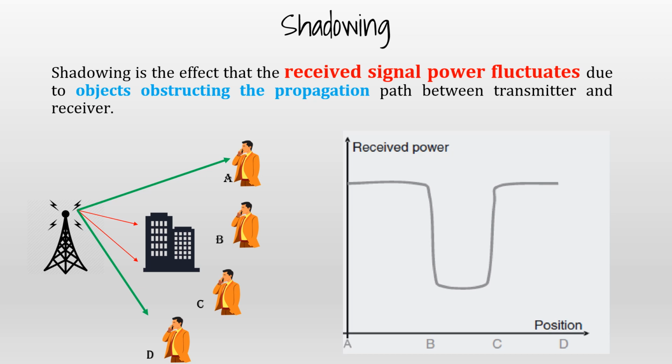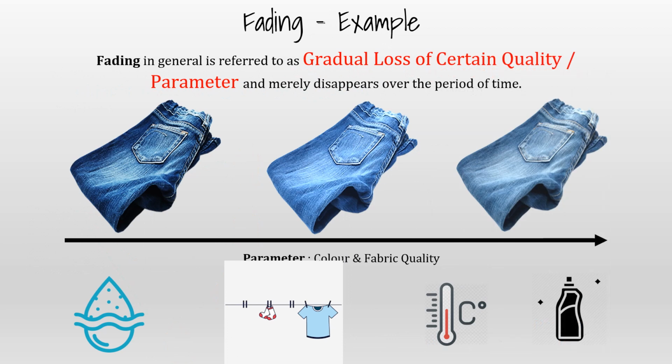This fluctuation is because of the particular obstacle, the building, which is present between the transmitter and receiver. This fluctuation concept is what we call shadowing. I hope you are clear with what shadowing is.